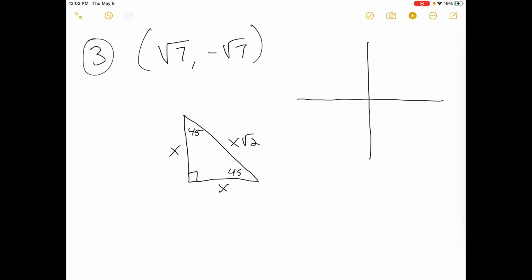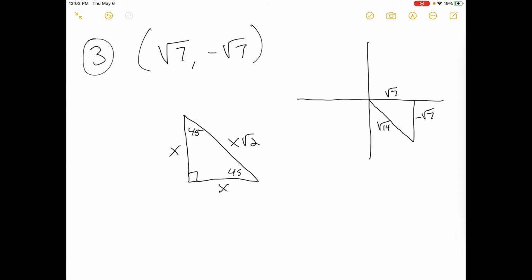So this coordinate would be in the 4th quadrant because it's positive, negative, and it's right in the middle. So you have root 7, negative root 7, and your hypotenuse would be that leg of root 7 times root 2, and that is root 14.